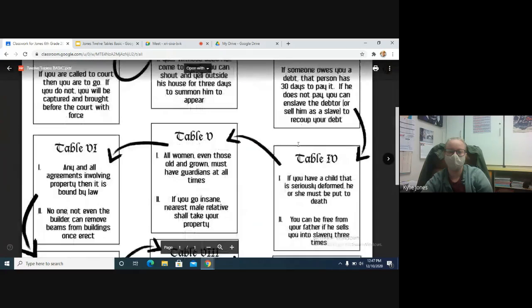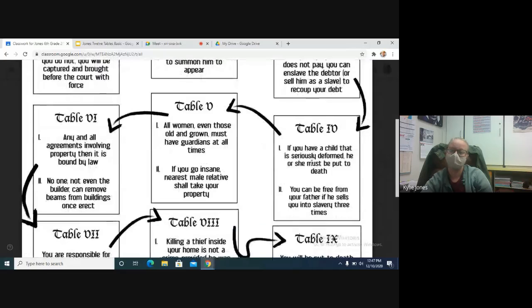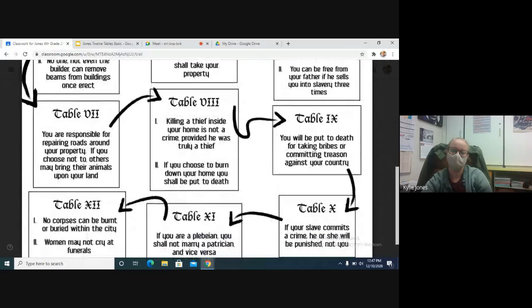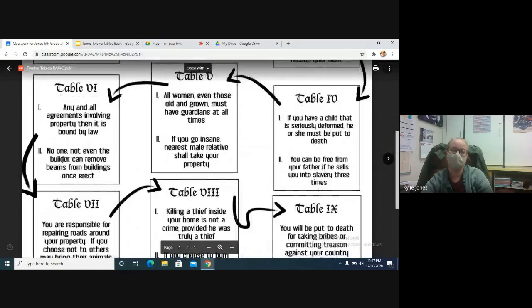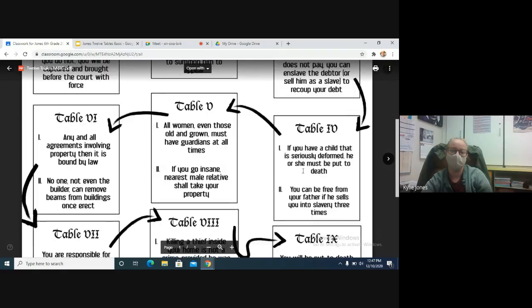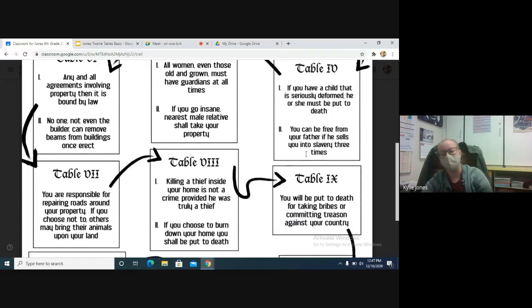I agree that number 4 is. But what about 6? Look at 6 again. Well, the one about property and the one about building. Oh, wait. Oh, 4 right here. It's just number 4.